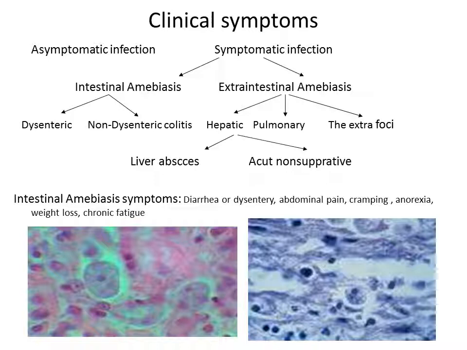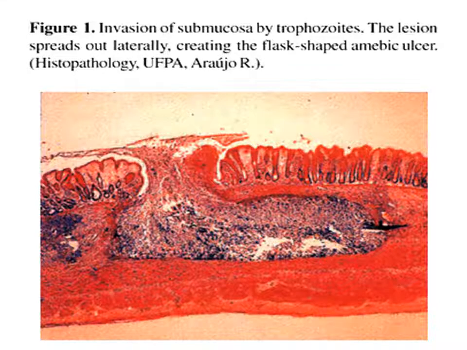These figures show intestinal amebiasis symptoms: diarrhea or dysentery, abdominal pain, cramping, anorexia, weight loss, or chronic fatigue. This picture shows the invasion of the submucosa by trophozoites of Entamoeba histolytica.